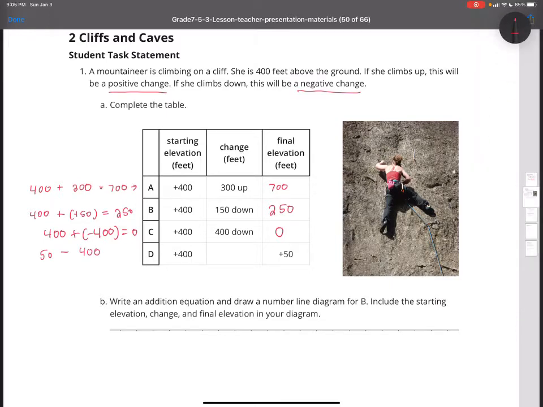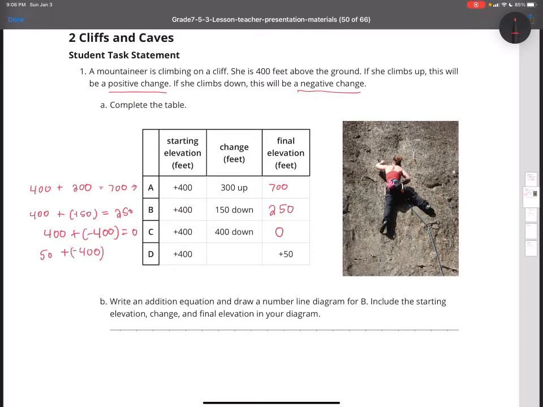Now, I know we didn't get to this just yet, but I'm going to start you guys off. Anytime you see a subtraction and the first number is smaller than the second number that's being subtracted, I want to apply the additive inverse, which means that I'm adding the opposite, okay?